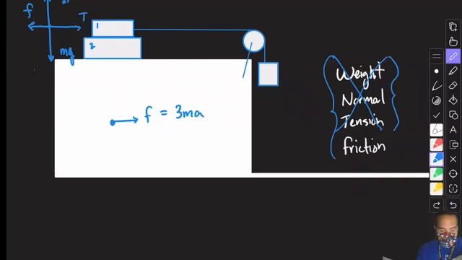Now, you asked about the normal forces. So now when I look at box 2, there is more than one normal force. There is the normal force downwards from box 1 on box 2. This is the third law pair between these two forces.